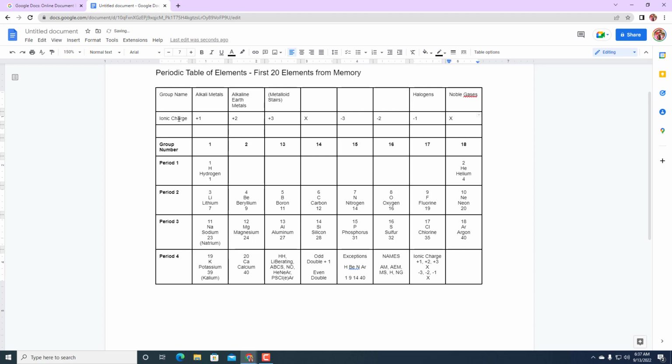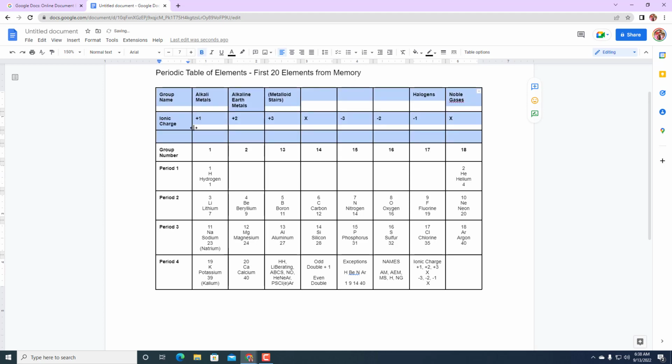And we see that hydrogen, lithium, sodium, and potassium will have the plus 1 charge, magnesium and calcium plus 2, aluminum plus 3, and then nitrogen and phosphorus minus 3, oxygen and sulfur minus 2, chlorine, fluorine minus 1. And just an easy way to remember those. And maybe we'll bold these sections to make it just a little bit more stand out.